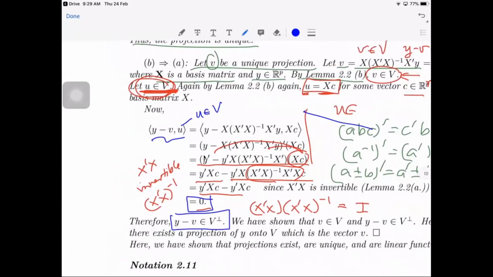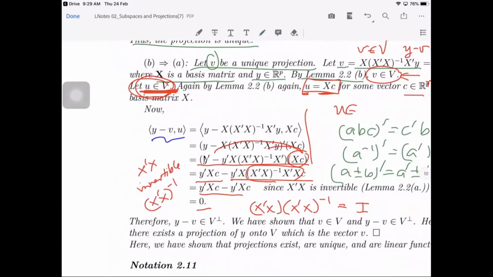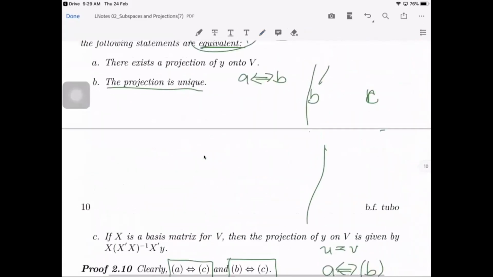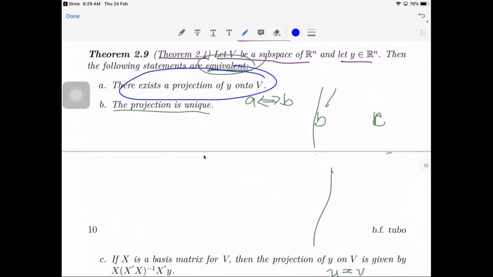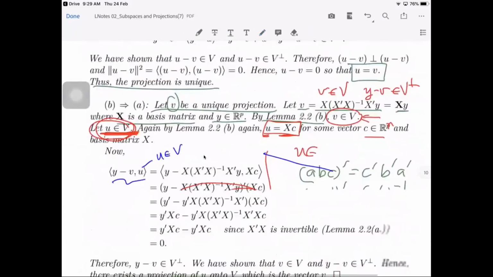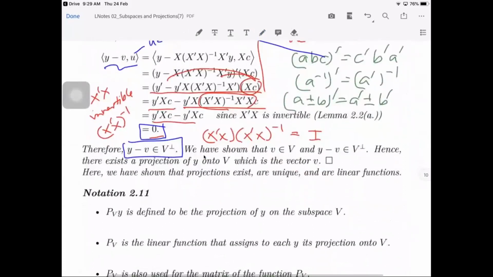Okay, so what do you want to show? We want to show that there exists a projection. B implies A. So A, we want to show that there exists a projection. So duwa ang imong ipakita na basta projection. You want B to be in B and Y minus B is in B perp. That is projection. So mo ning ang atong gi-prove din duha.